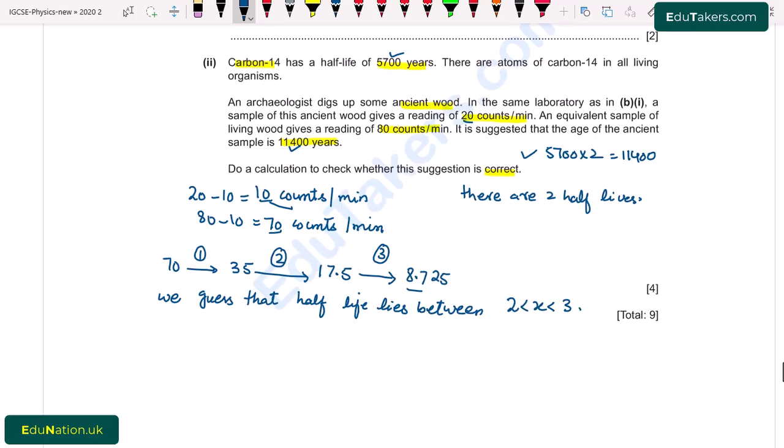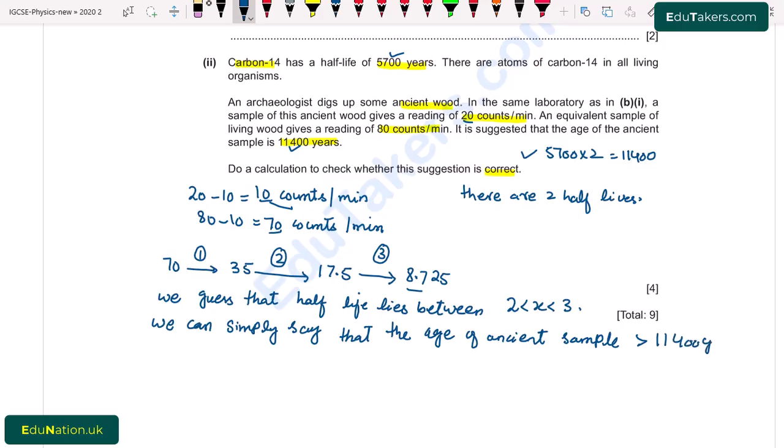So we can simply say that the age of the ancient sample must be greater than 11,400 years, and the number of half-lives must lie between 2 and 3.